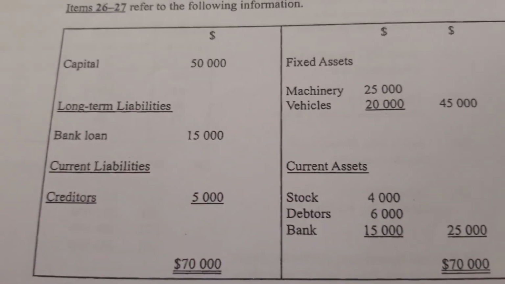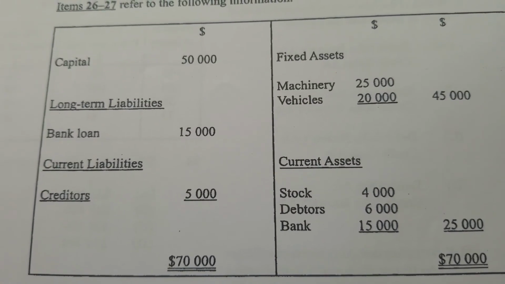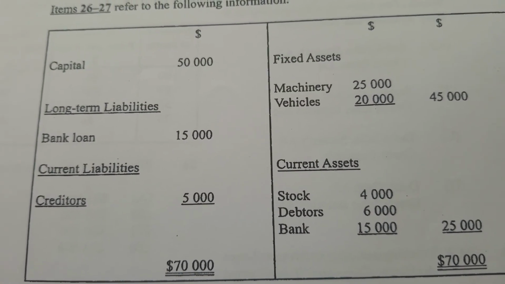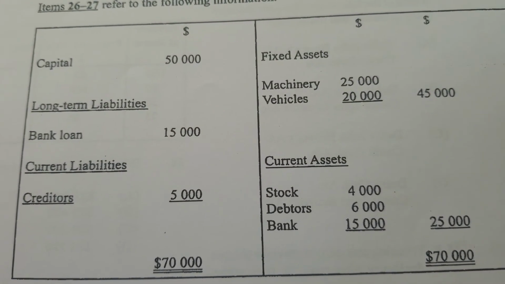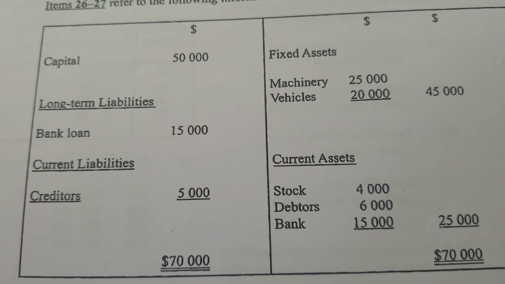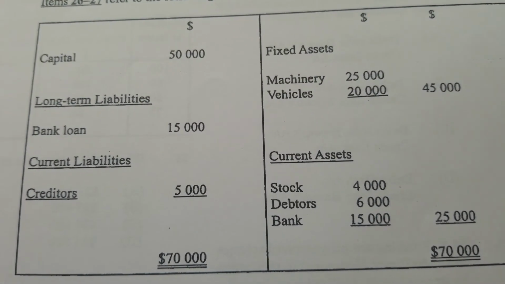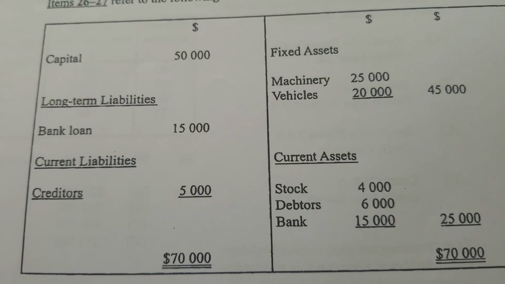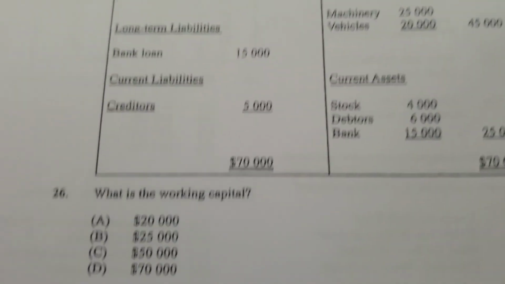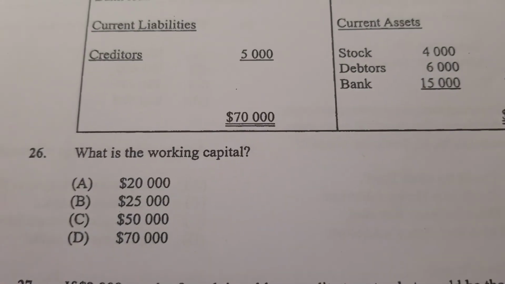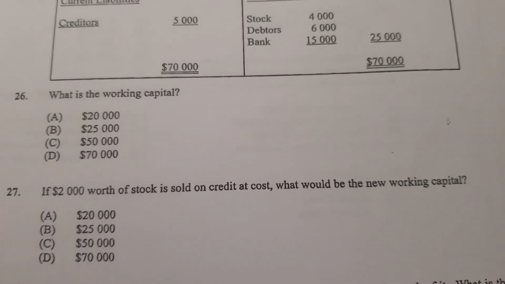How do we find working capital? We subtract total current liabilities from total current assets. Our total current assets from the question are 25,000, and our total current liabilities are 5,000. So we subtract the 5,000 from the 25,000. That should leave us with 20,000. So the answer is A, 20,000.